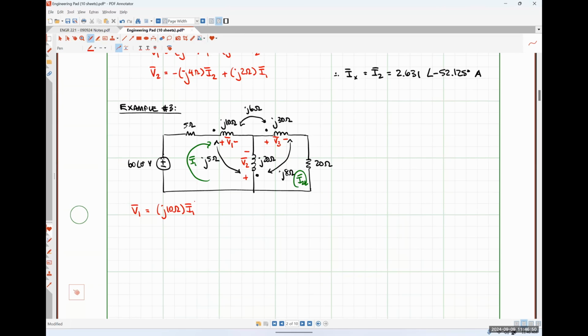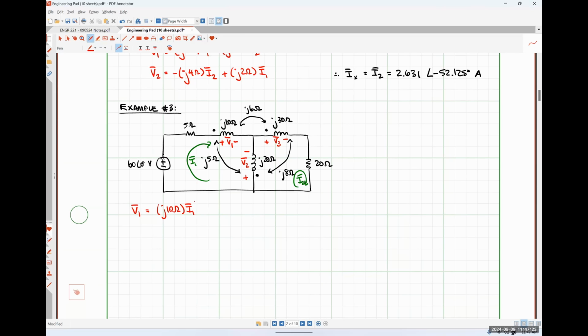So here's how I would approach it. I can see first off that my positive polarity terminal of the voltage V1 is at the dotted terminal. So what I would personally look for is the total current that's flowing into the dot on this J20 ohm coil. That way that mutual term will have a plus sign. To me, the current flowing into the dot is I2 minus I1.